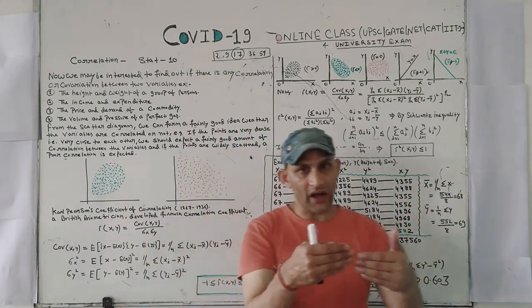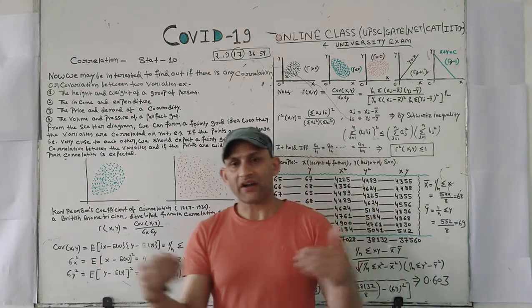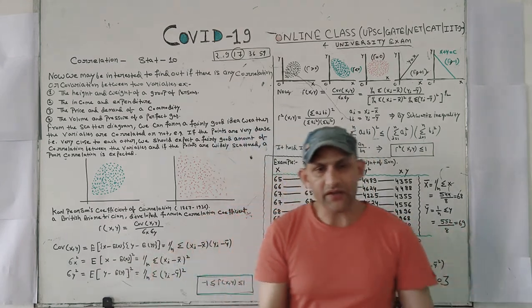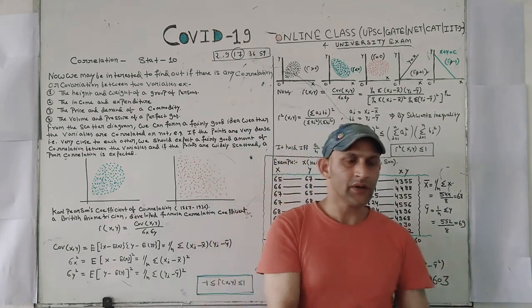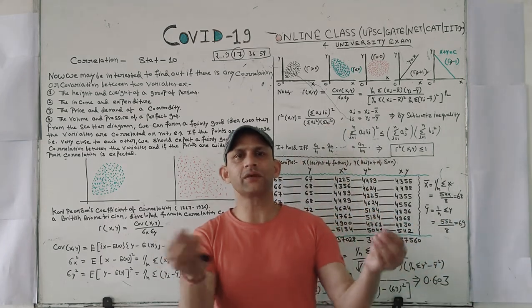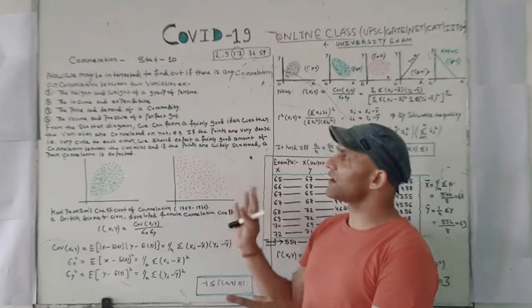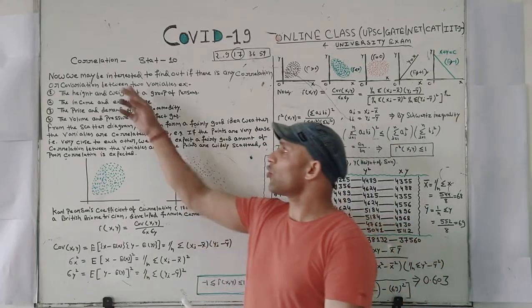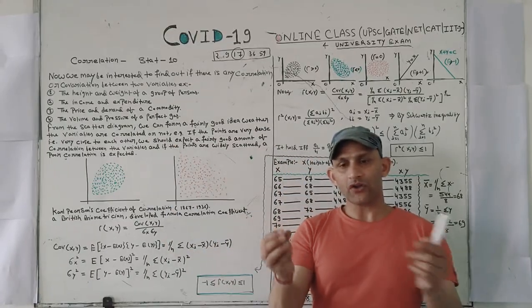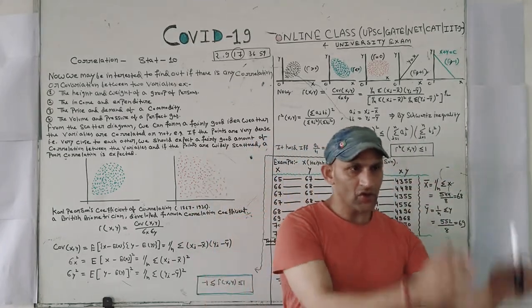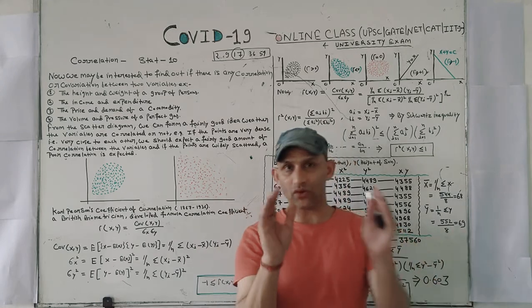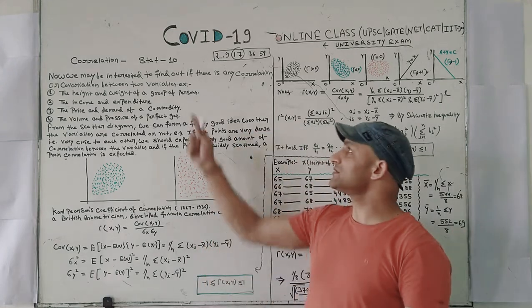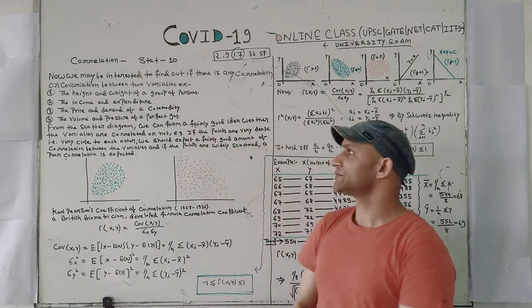If more characteristics are matching, in this condition they can marry. If the characteristics are not matching, they cannot marry, meaning there are some defaults. Similarly, correlation means you have two data sets, and you are finding the relationship between the two data.